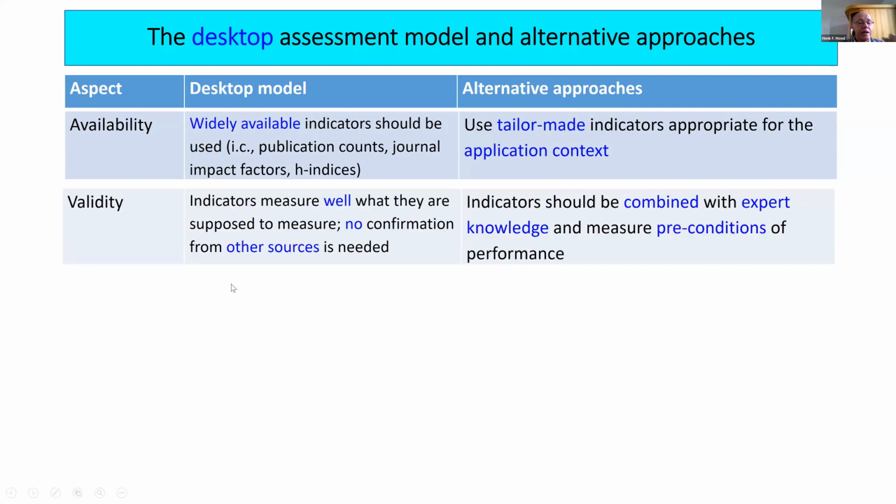Secondly, in the desktop model, it is assumed that the indicators measure what they're supposed to measure, and no confirmation from other sources is needed. What you often hear from managers, from universities, for instance, is the following reasoning.